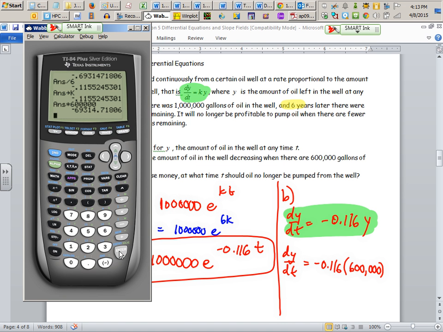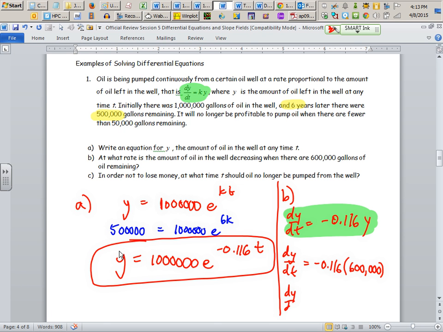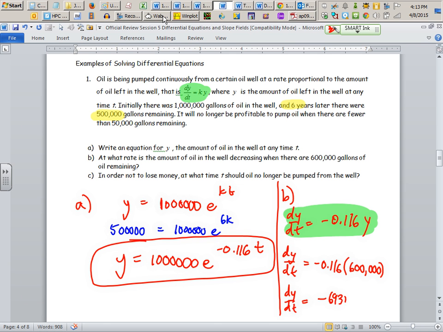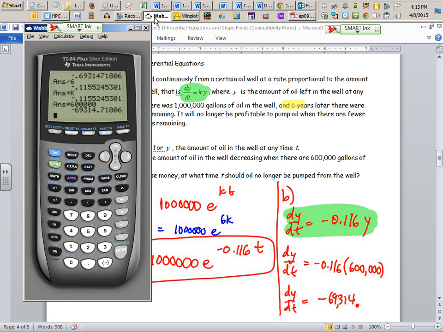Okay, the answer is negative 69,314.718. So dy dt is negative 69,314.718.